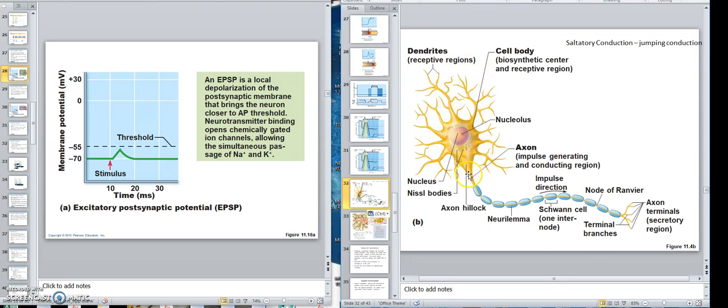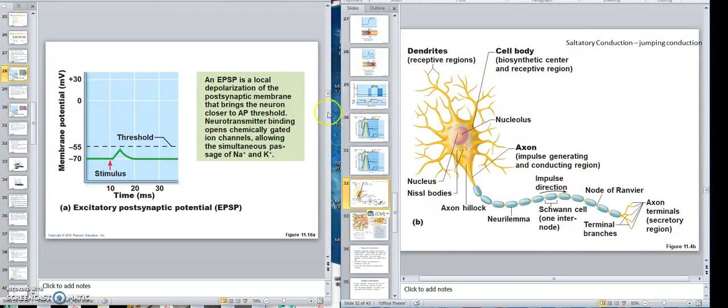You have to get enough voltage through these graded potentials to make the axon hillock voltage dependent gates reach threshold. So it's kind of like a vote. You're voting back here in the cell body, and hopefully the vote is enough to give you enough stimulus to reach threshold here. But the voting is back here.